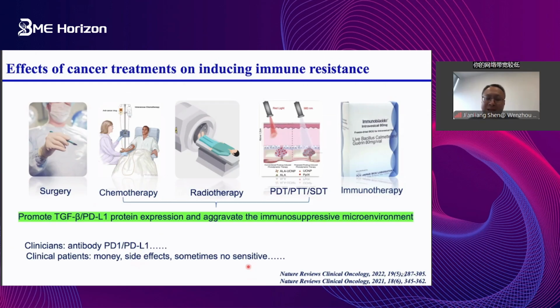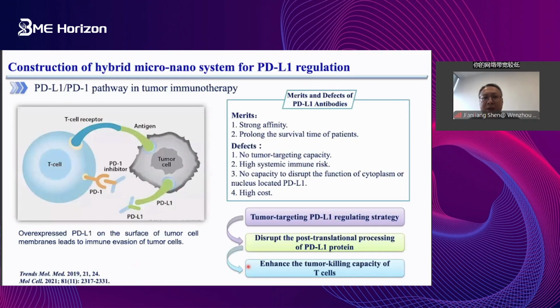So we design a hybrid system for PD-L1, TGF-beta, and other cases. We just hope that when the tumor cells take up these nanomaterials, they can successfully downregulate the PD-L1 in the tumor cells. That means the immune resistance will be overcome because the T cells will kill the tumor cells.